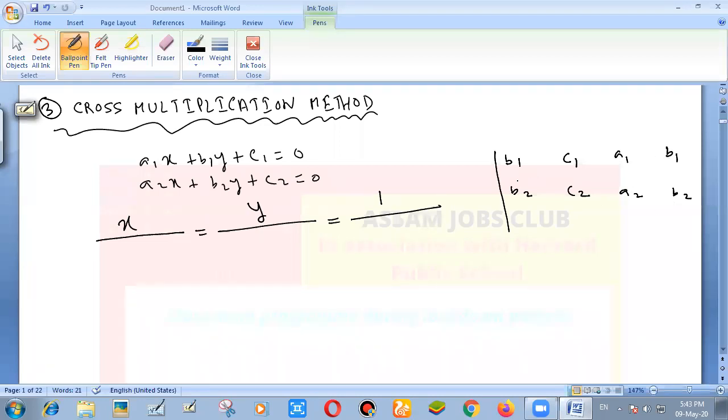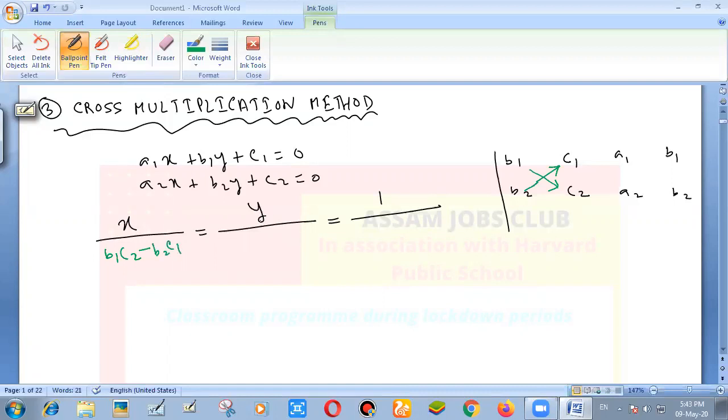Now see, in the denominator of x you have to write this: cross multiply, that means b1 c2 minus b2 c1.